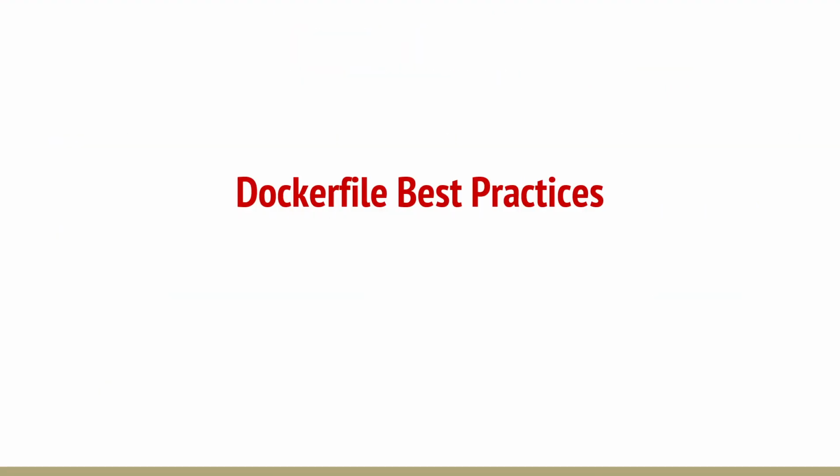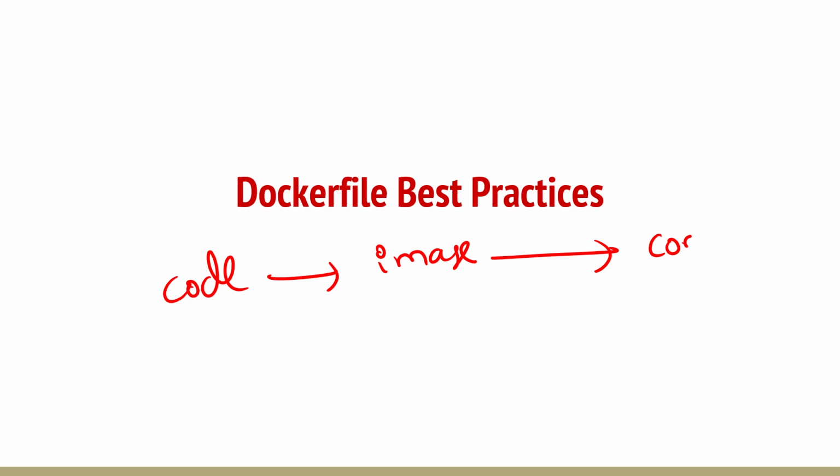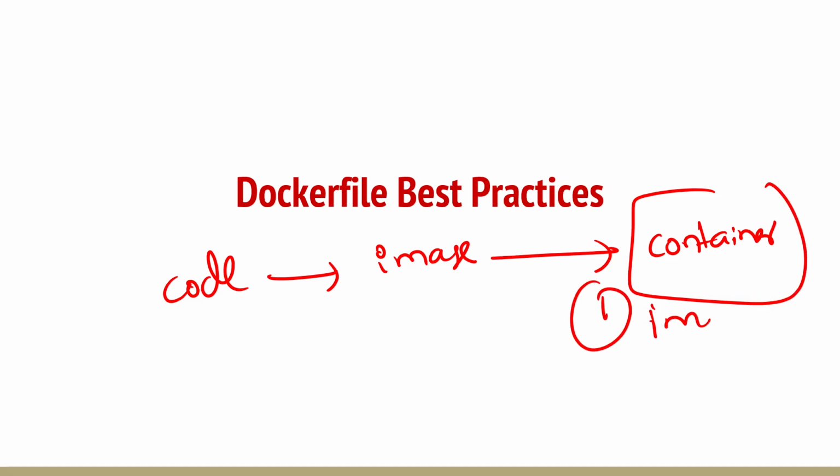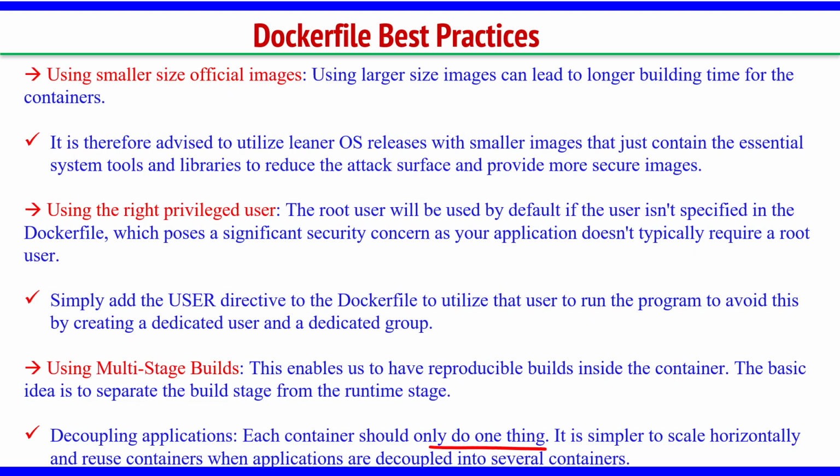It means when you have code, you convert it into an image, and this image you put in a container. This container should contain only one image: one container, one image. That way it is more secure, and there is a lot of decoupling, with no dependency.